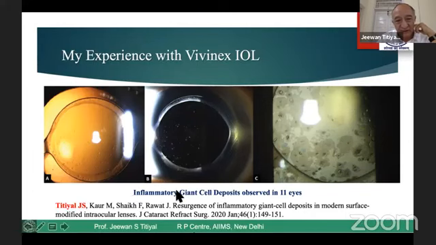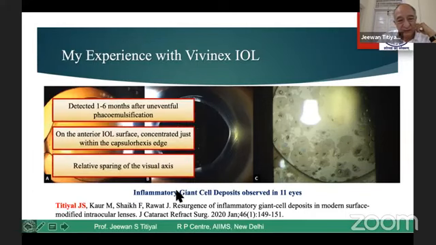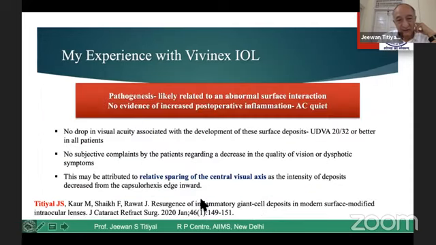So we don't know exactly what the theory is behind why these cells are growing onto the surface. Maybe there's some sort of surface alteration apart from the posterior surface, something going on on the anterior surface also, because it is the fibronectin reaction which is happening between the posterior capsule and IOL. That is how it is getting attached.